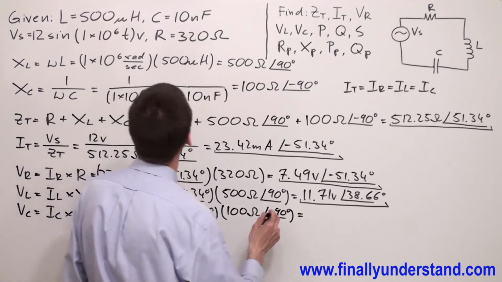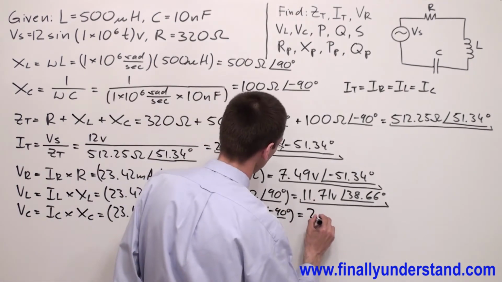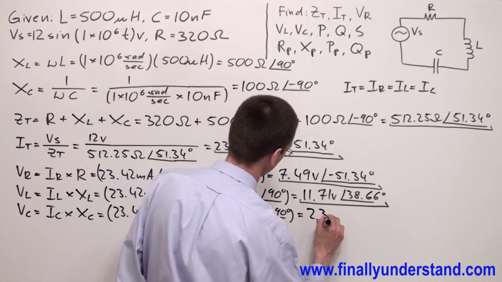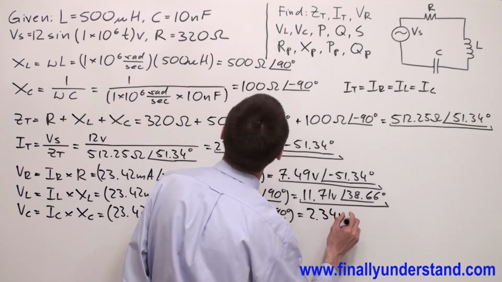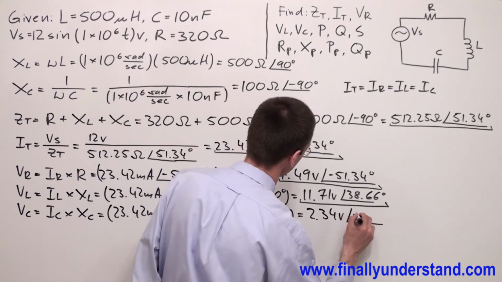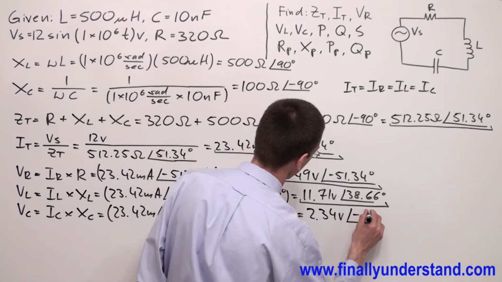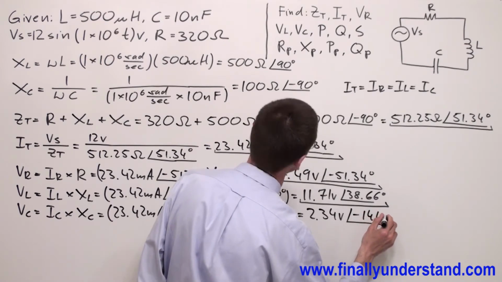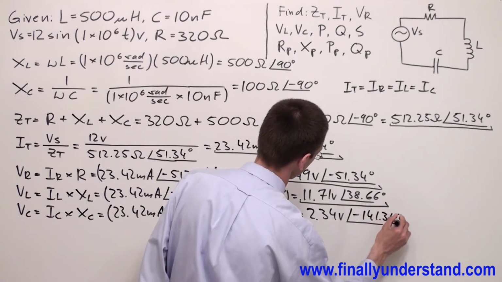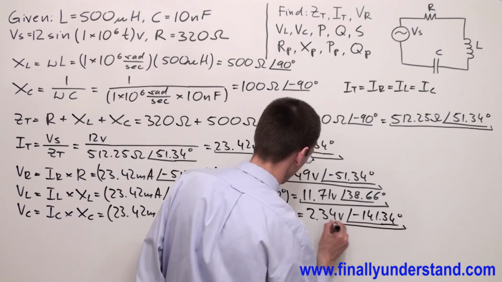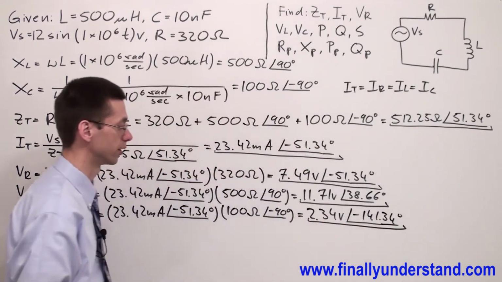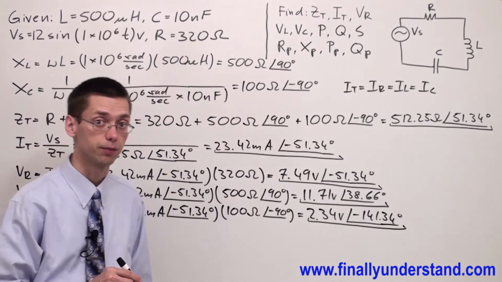This is equal to 2.34 volts and angle of negative 141.34 degrees. So this is the voltage drop across the capacitor.